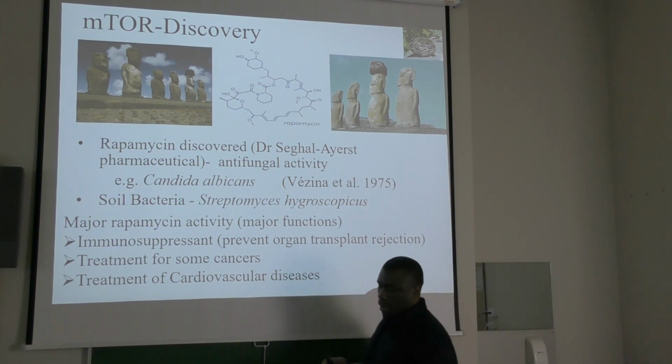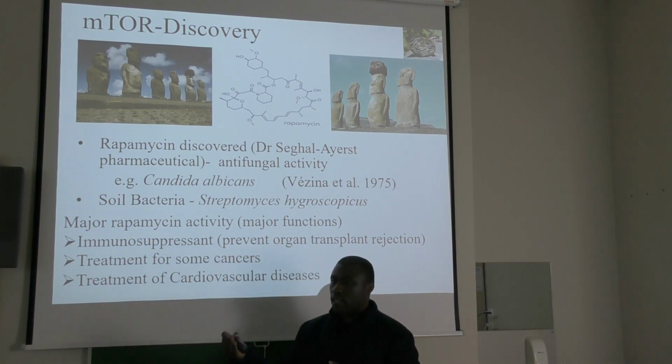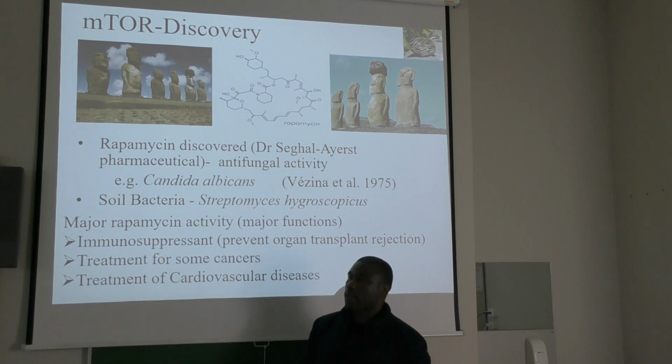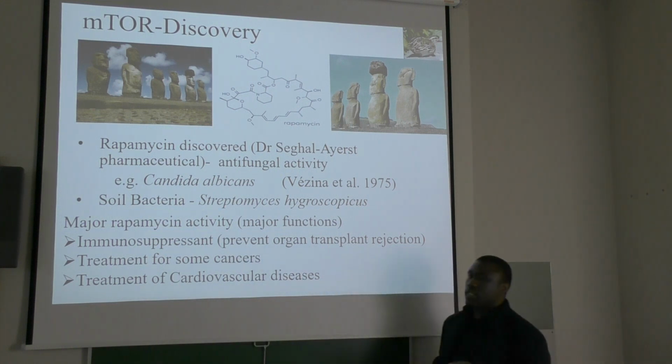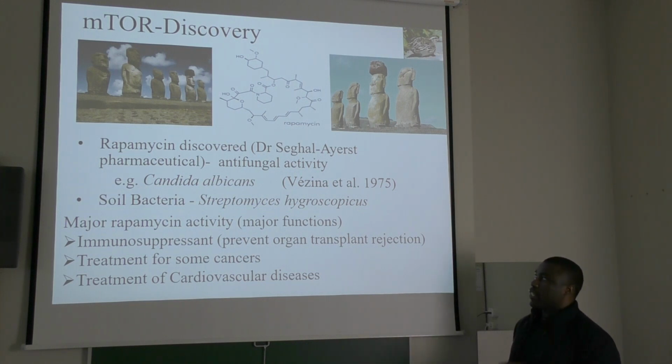If you have a failure in, let's say, a kidney, they have to take another kidney from one person and implant it into your body. So there is a probability that your immune system will reject the kidney that has been implanted. To avoid that, they use a drug.